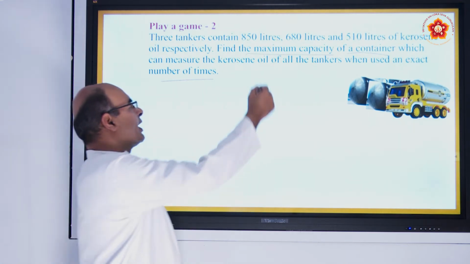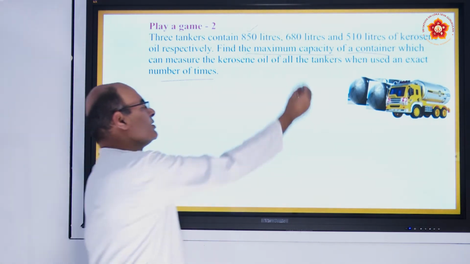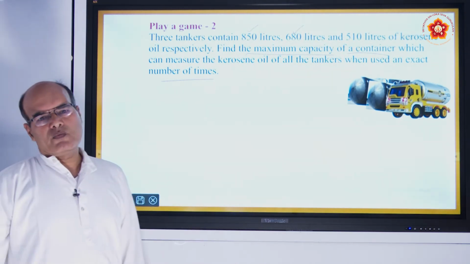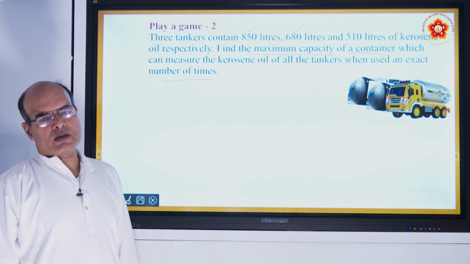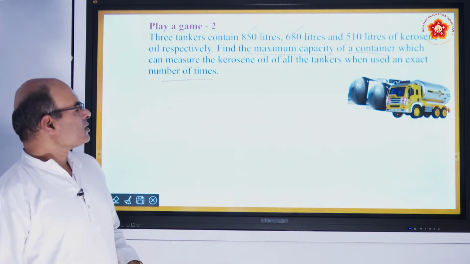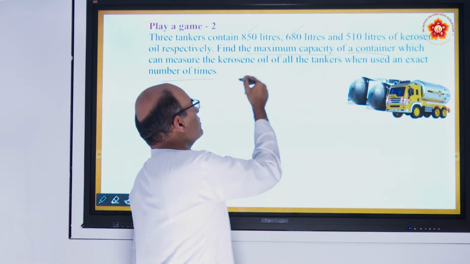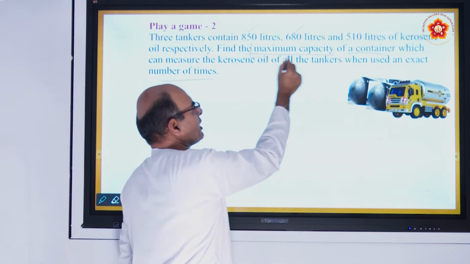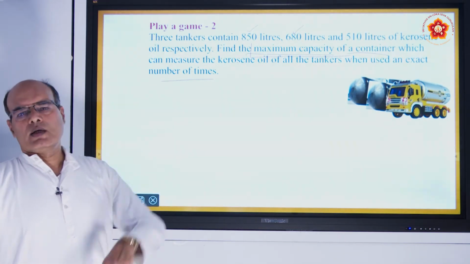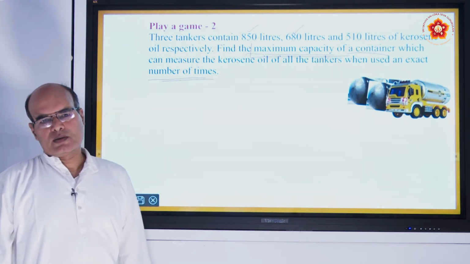One tanker contained 850 liters of kerosene, another contains 680 liters and the last contains 510 liters. We have to empty them, transferring the kerosene to some other place using a container. The question is, what is the maximum capacity of that container which can be used to transfer all the kerosene in an exact number of measurements?